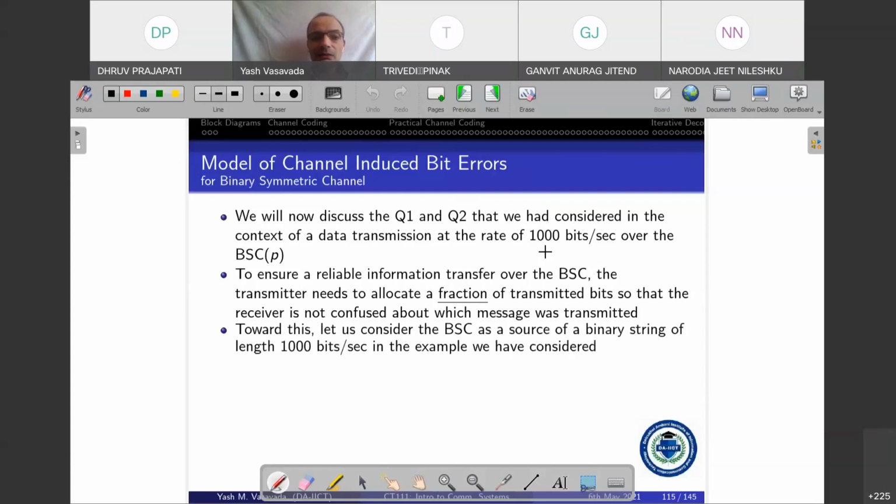And the way to think about this is to think of the BSC itself as a source of a binary string of length 1000 bits every second.